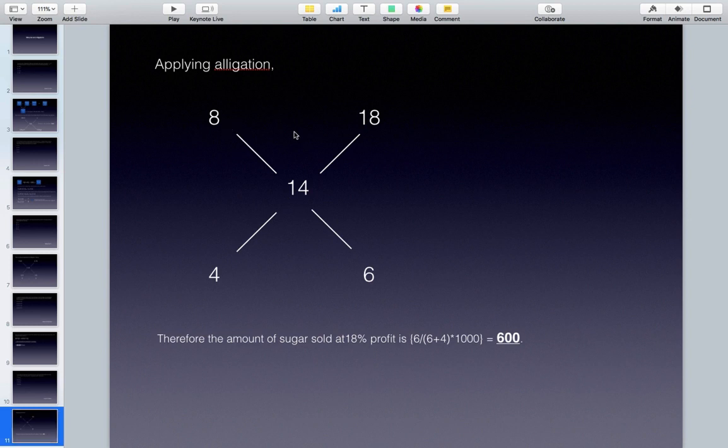So 8 here, 18 here, 14 here, so we get the differences as 6 and 4. So the ratio is 2 is to 3.